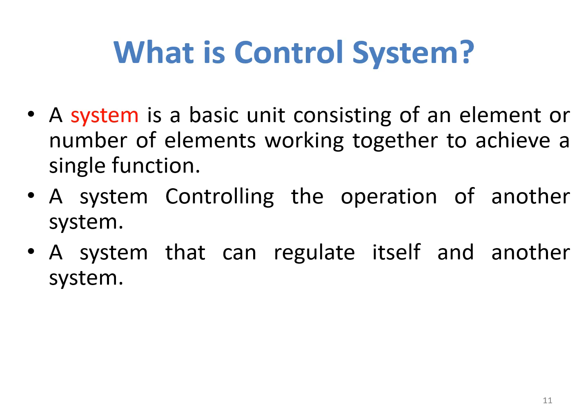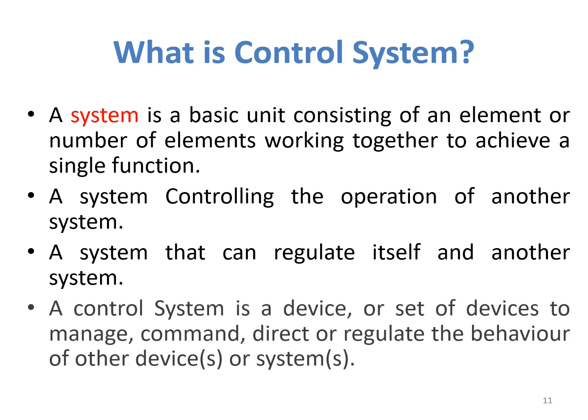So a system controlling the operation of another system can regulate itself, or it can also regulate another system. So a system has all these capacities. It can either control the operation of one more system or it can regulate the operation within itself. So that is one behavior of a system.